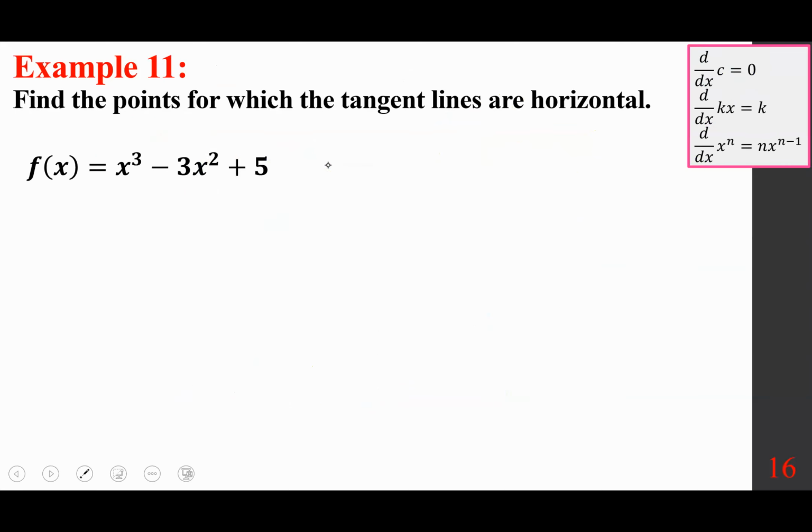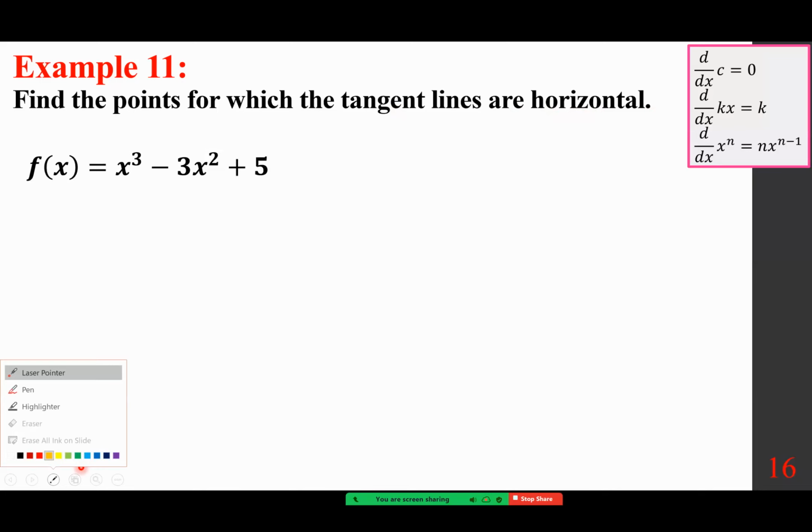All right, we want to find the points for which the tangent lines are horizontal. Now, what that means is we are interested in lines that are tangent lines, and this means their slopes must be 0 because horizontal lines have slopes that are 0.